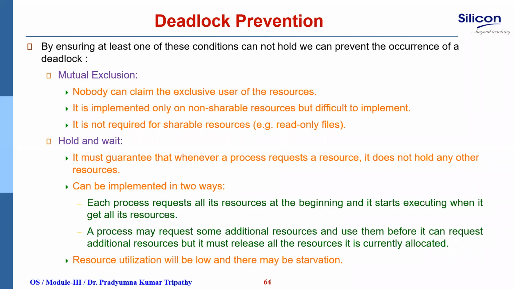If the resources are non-shareable, for example, memory is shareable, hard disk is shareable, but some resources are non-shareable, like a printer, for example. Printer is non-shareable. How could 2 people share a printer at the same time? Suppose 2 people are sharing the printer, is it possible that a page will come out with half of the printout of your document and half of the printout of another document?